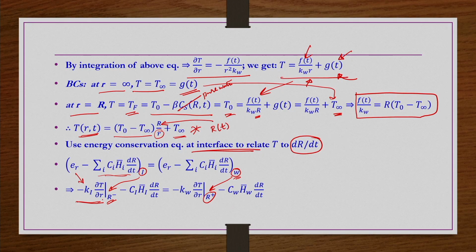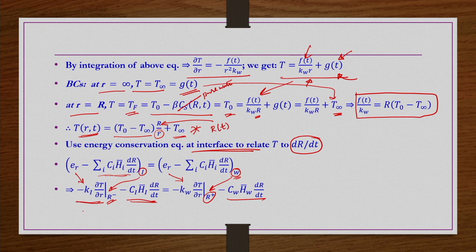Now, towards the right side also, in place of E_R we have only minus K_w dT by dR, and this is C_w H_w bar dR by dt. There is no summation because only one component is there. Okay. So, towards the ice side, temperature is constant from the center to the interface.